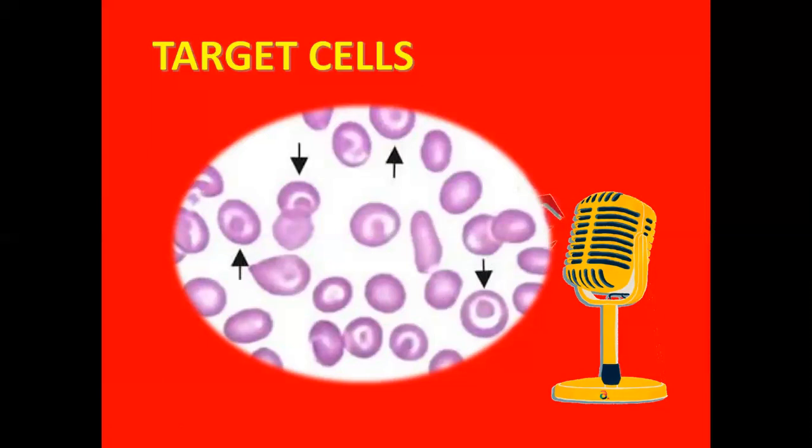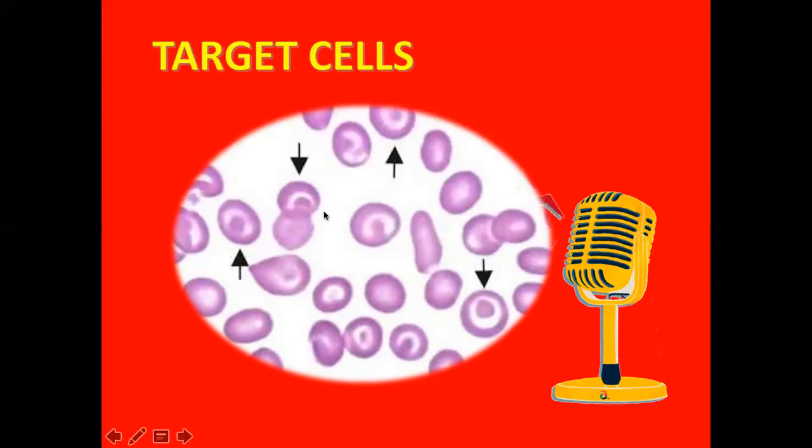So they may indicate hemoglobinopathies. They are also associated with thalassemia, post-splenectomy, and some other conditions such as obstructive liver disease. Like in acanthocytes, in these target cells the defect or change may lie in an increase in cholesterol and phospholipids.